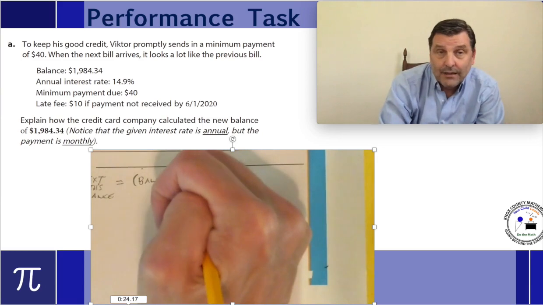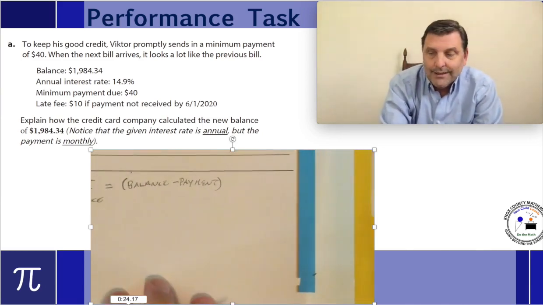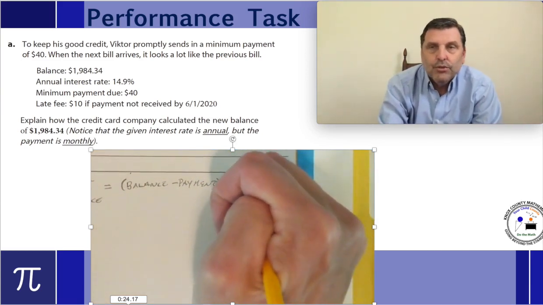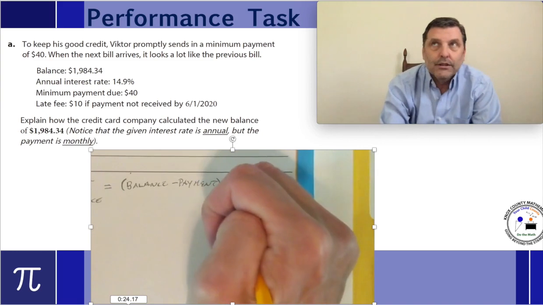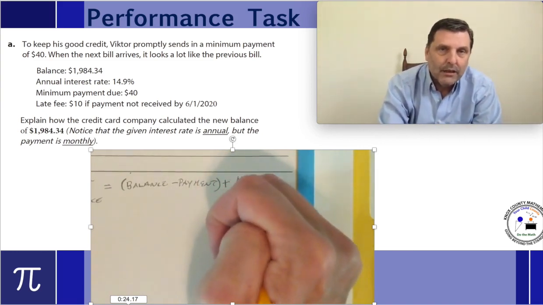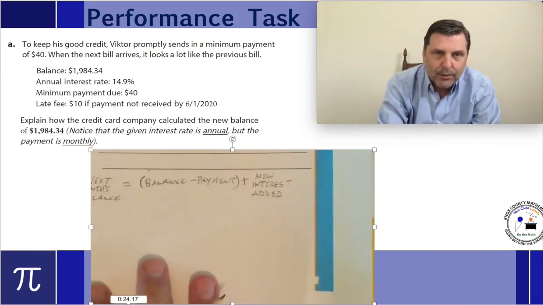So take the previous balance, take away the payment you send in, but you've got to add on how much new interest. Remember, they're going to charge you for borrowing money. So the balance minus the payment plus the new interest added. That's a two-step problem we're going to work on.